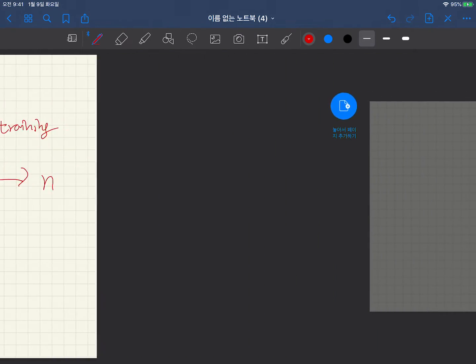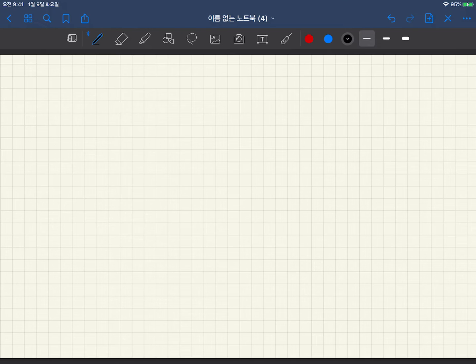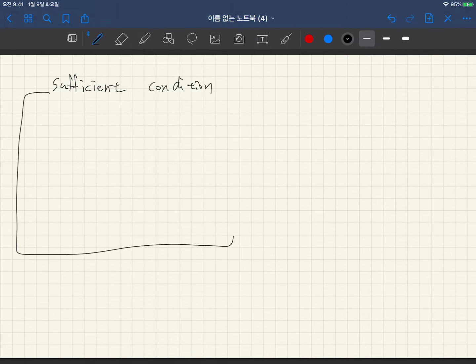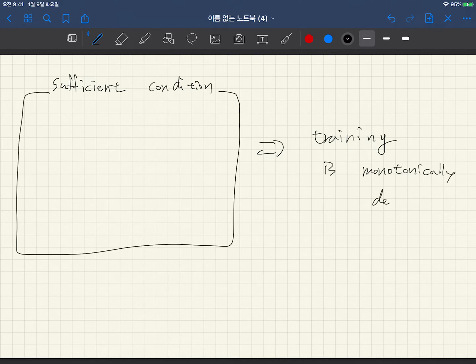Right. So there are some reasons. The training error will be a monotonically decreasing function with these sufficient conditions. With these sufficient conditions, you can guarantee your training error is monotonically decreasing.